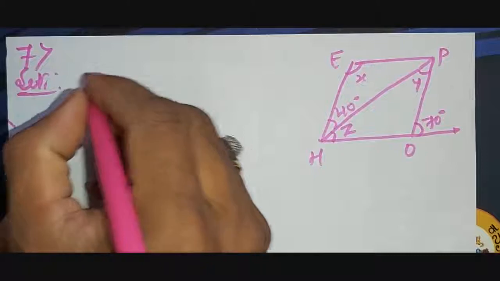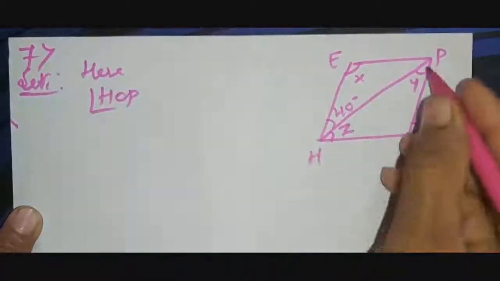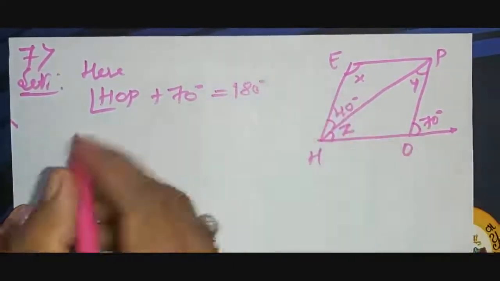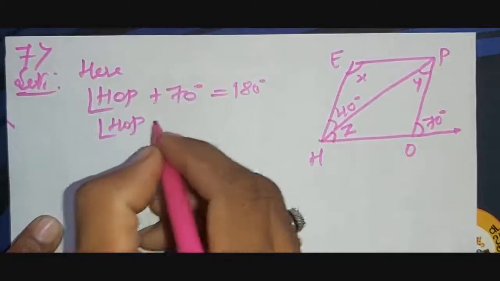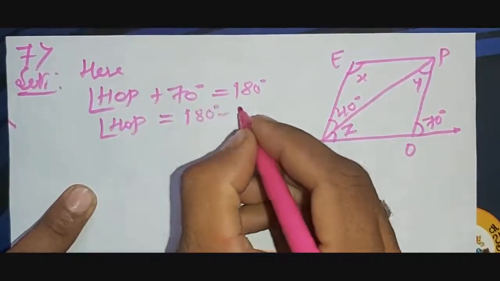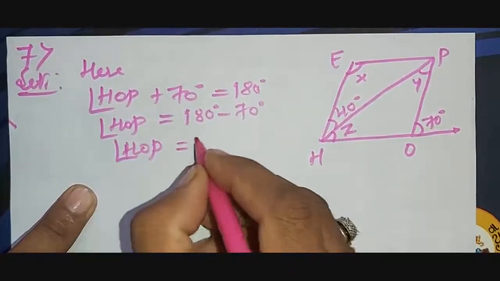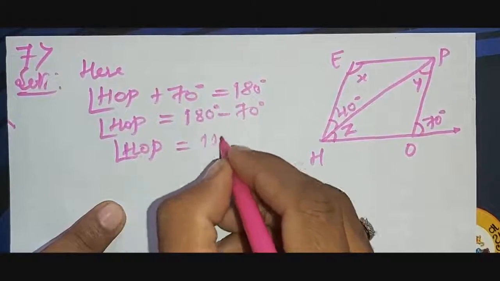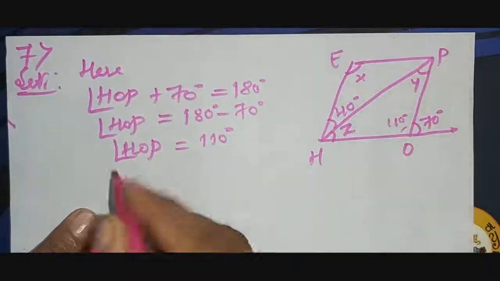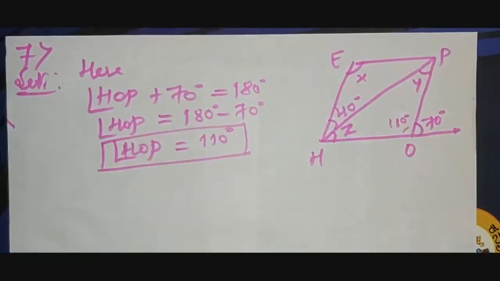Solution we have here: angle HOP plus 70 degrees is equal to 180 degrees. Angle HOP is equal to 180 minus 70 degrees. Angle HOP, we will get here, 110 degrees.